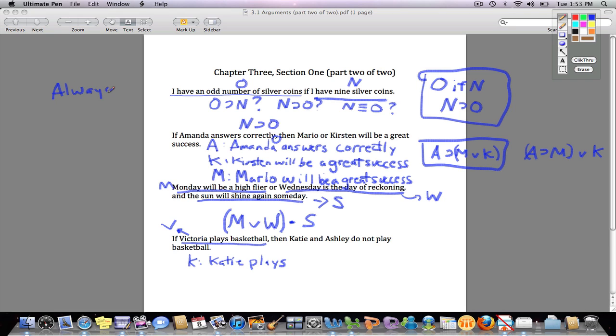Always bring out the negations. Okay, in other words, not as we translate it with tilde or squiggle. So along those lines, I got to say Katie plays basketball. And we'll let A stand for Ashley plays basketball.